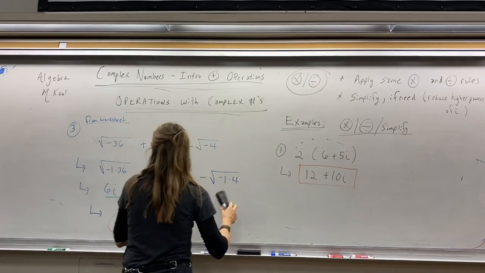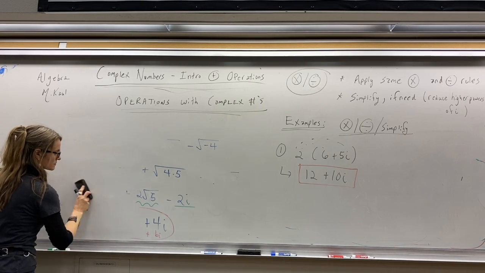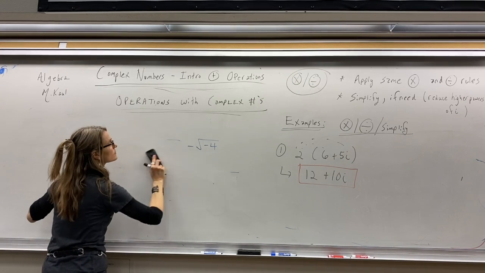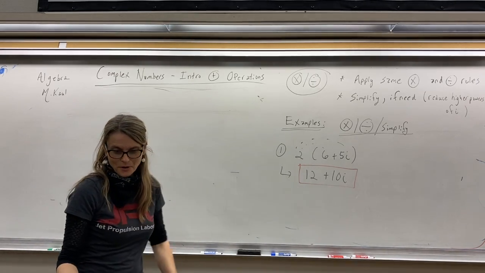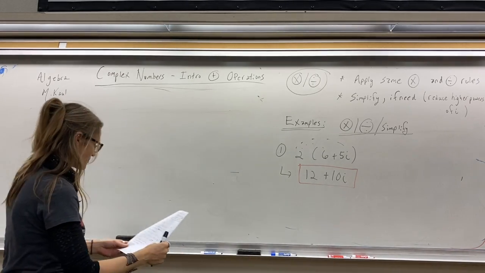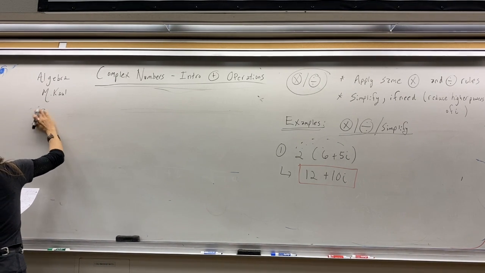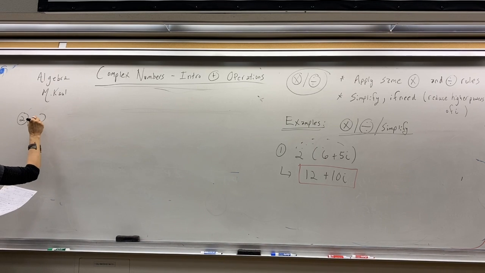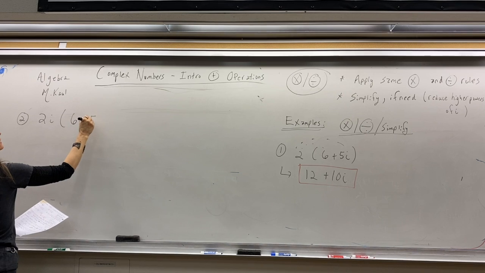Okay. Now, moving along from that, let's go ahead and add a 2i times 6 plus 5i.